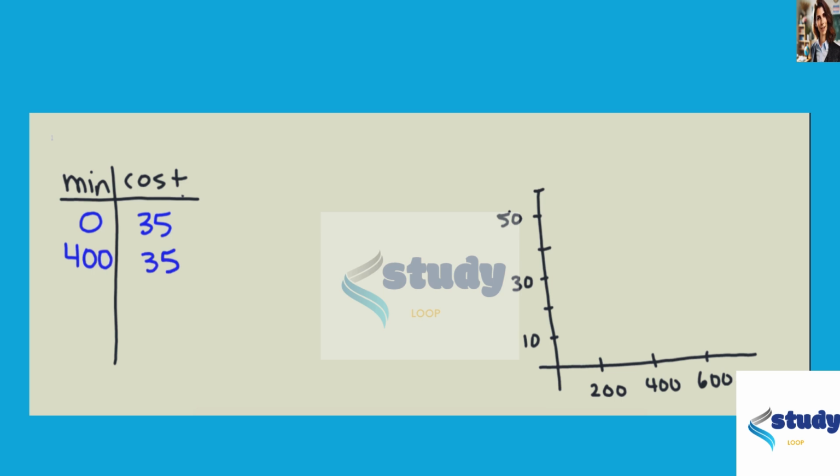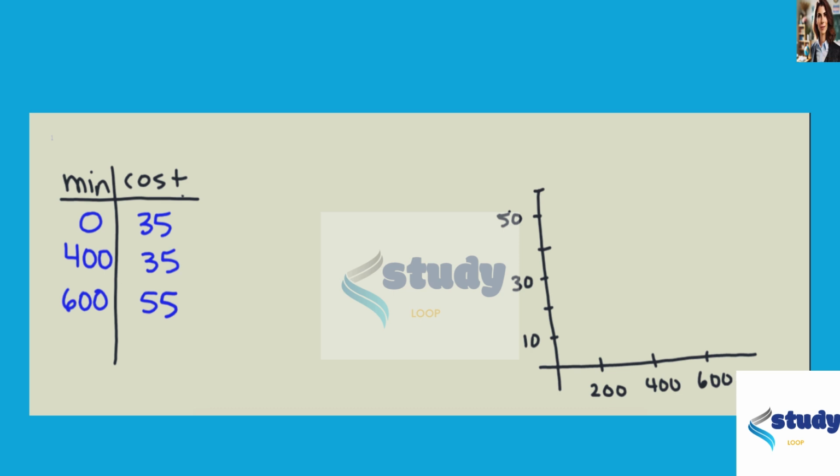Now, if you talk 600 minutes, you're going to have to pay 10 cents a minute for those additional 200 minutes, and that's going to cost you an extra $20. So the cost is now going to be $55. Okay, we can start by plotting these points, and then we can go back and find the function.